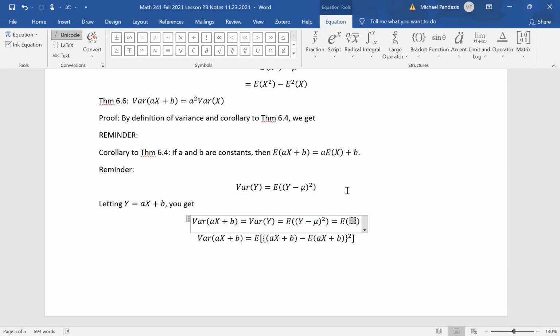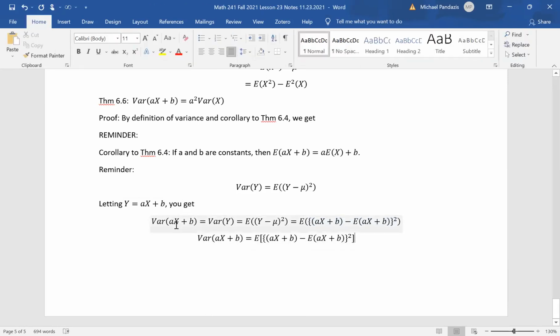And so here Y is AX plus B, and mu is the expected value of AX plus B. And you're taking that difference and squaring it.